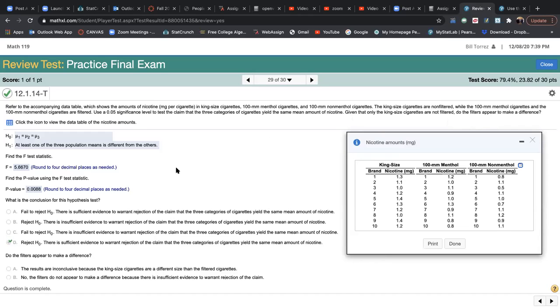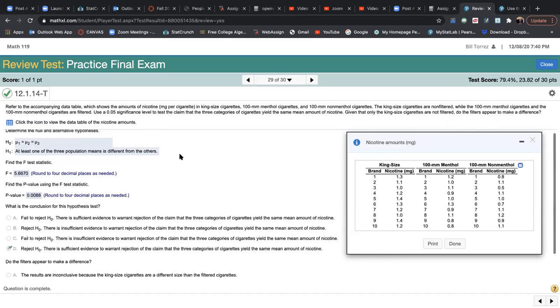As usual, the ANOVA test is that the three means in nicotine amounts are equal versus the alternative that at least one of the three population means is different from the others.